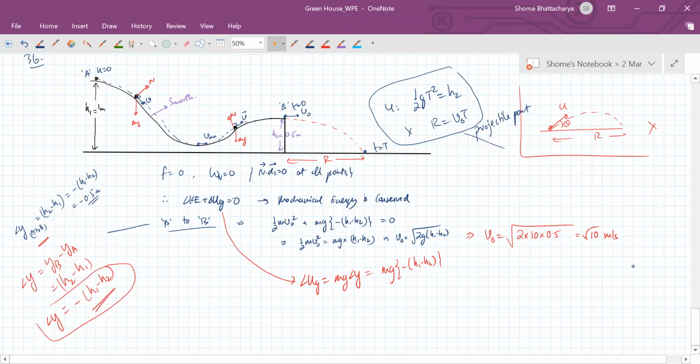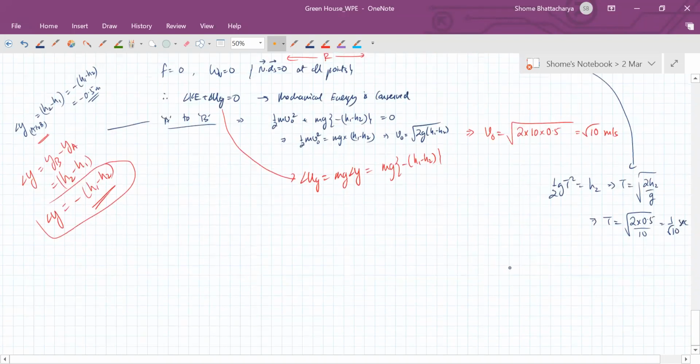Okay. So substitute in this. So the time of flight is 1 by root 10 seconds. Okay.